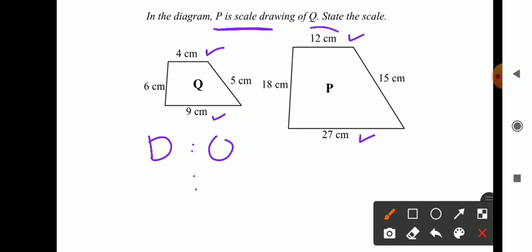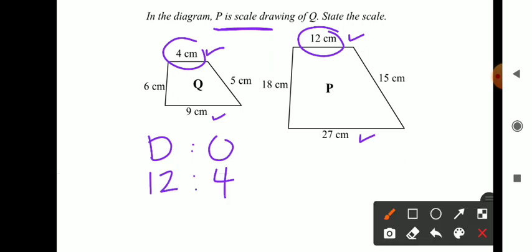So P is the drawing. Let's say we choose 12. We compare 12 and 4. P is the drawing, you write here. Then Q is the original object, you write here. So how to change it into the scale form? Tengok nombor yang pertama ini.